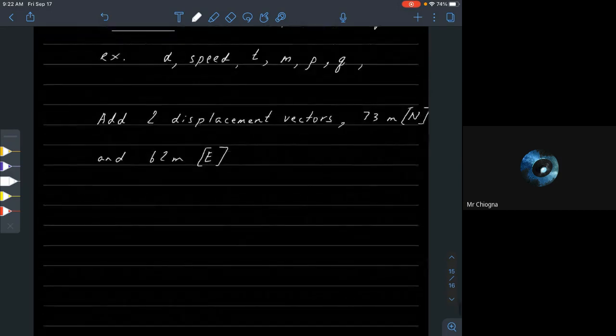Let's see if you can remember how to add them. You don't have to draw them to scale, just roughly draw them. Obviously, the north vector is going to be longer, but draw them out.